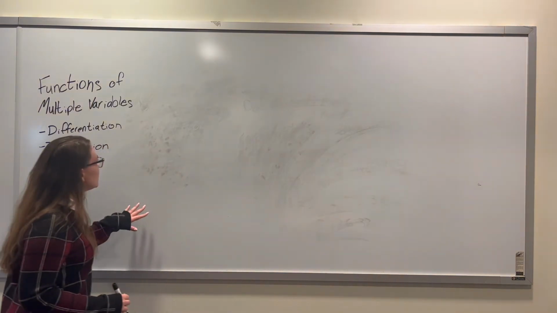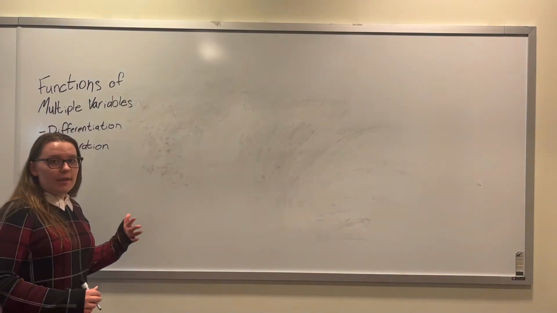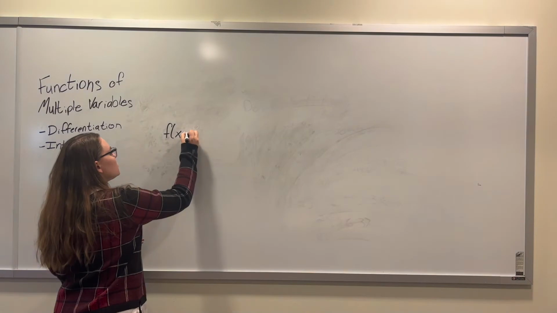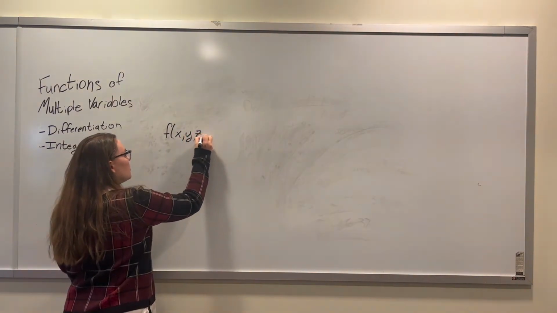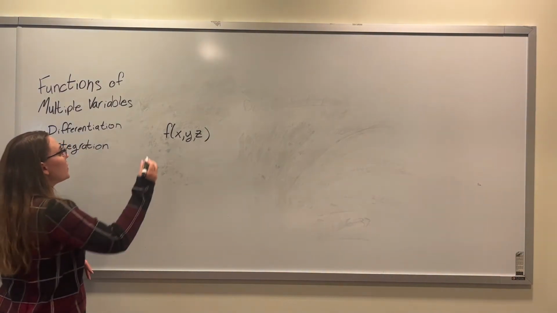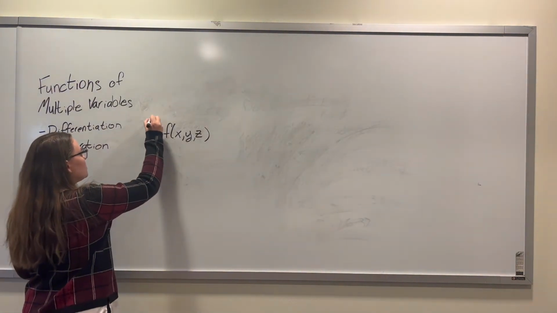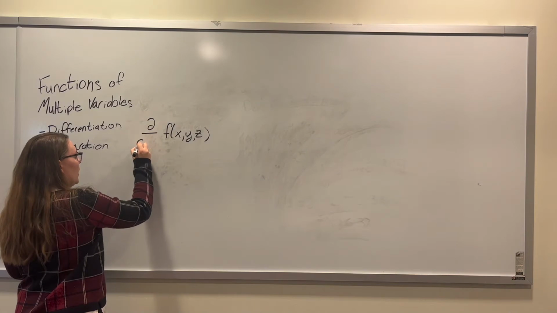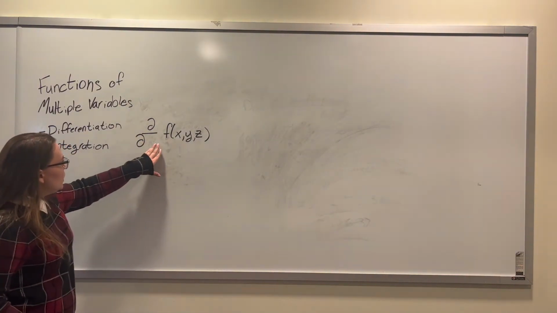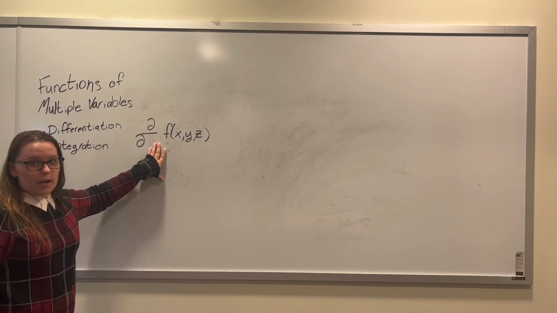So if we wanted to differentiate a function of multiple variables, let's say f of x, y, z, we would take the partial derivative. Now this symbol looks a lot like the normal derivative, but the d is a little curvy at the top. And we differentiate with respect to one variable at a time.